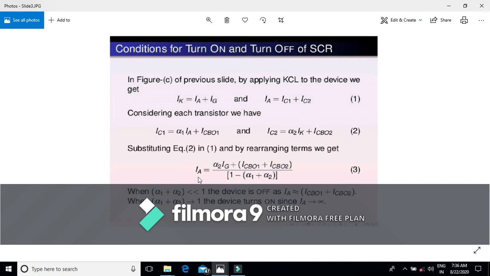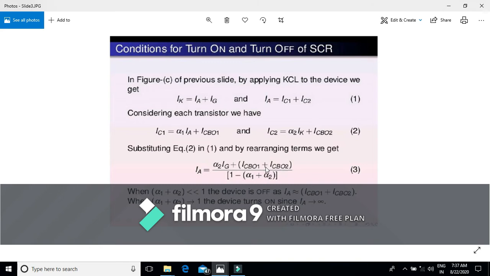This may result in the turning on of the SCR. That means for turning on the SCR, alpha 1 and alpha 2 must approach unity. If alpha 1 plus alpha 2 is less than 1, the device is not turned on, it's turned off, and IA will be very small, equal to the leakage current, that means ICBO1 plus ICBO2.